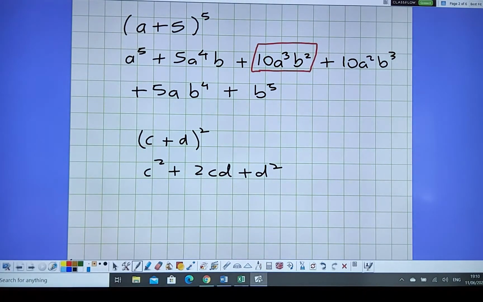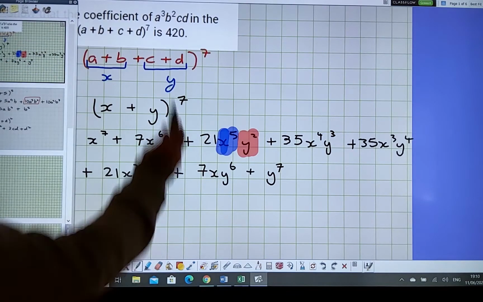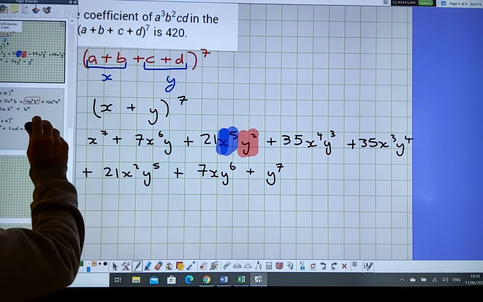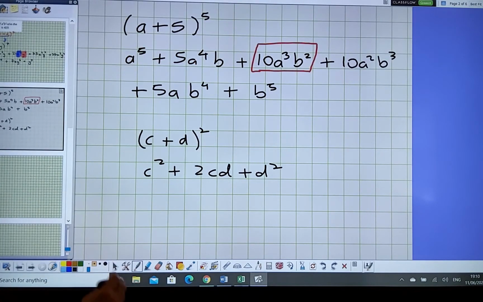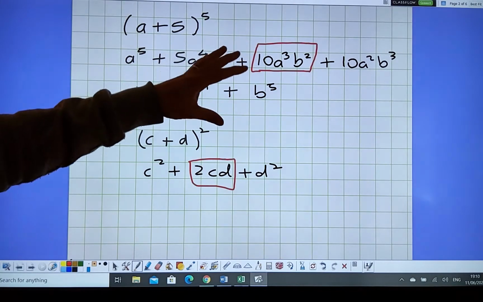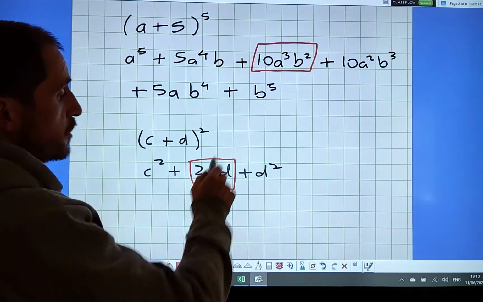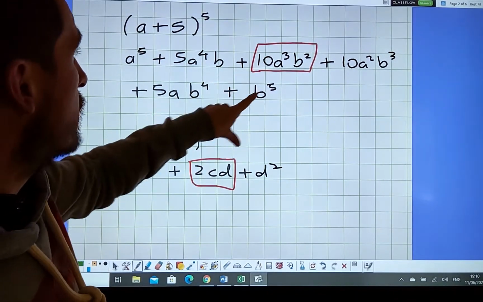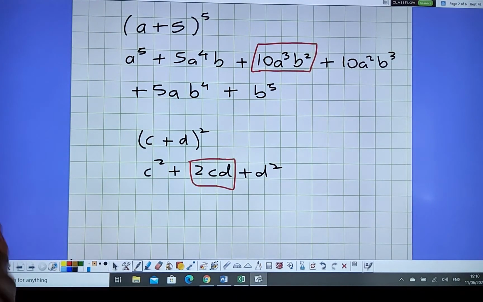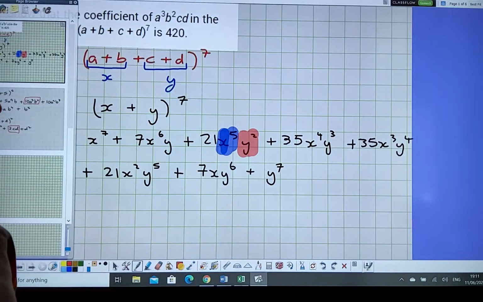Now, again, look here. So, cd, what's the coefficient of cd? It's 2. Because if we multiplied all this out, that's the only case where you'd have that there, right? And that's where we get that. So we know that the coefficient is 10 and 2.